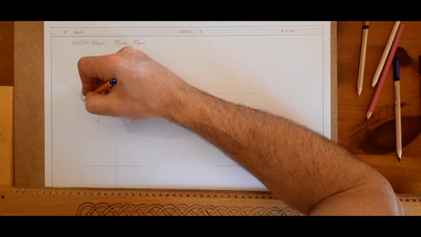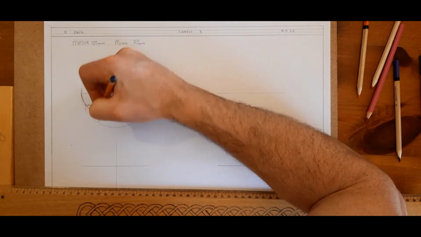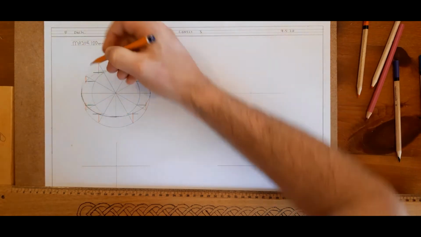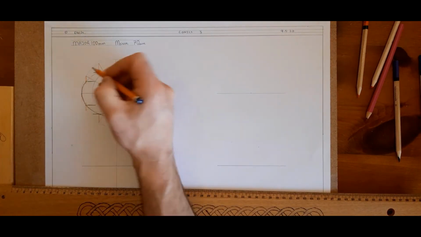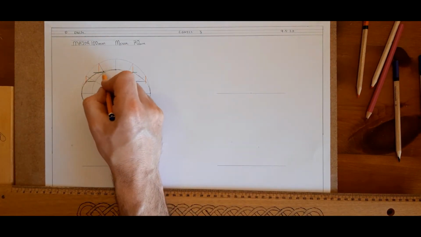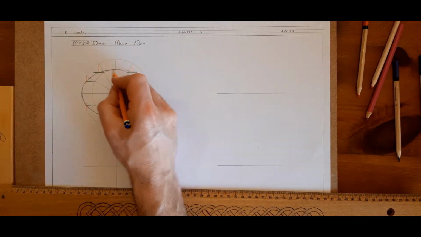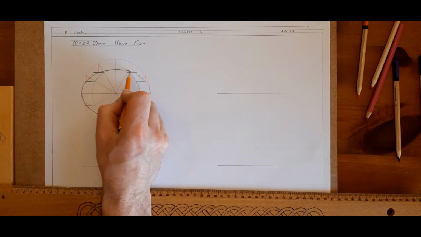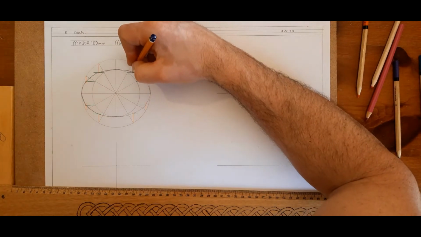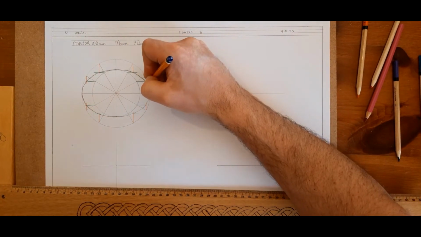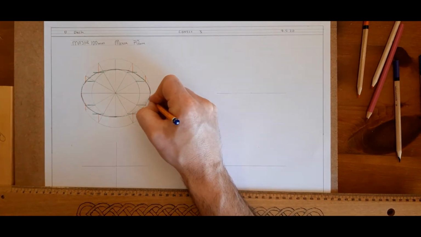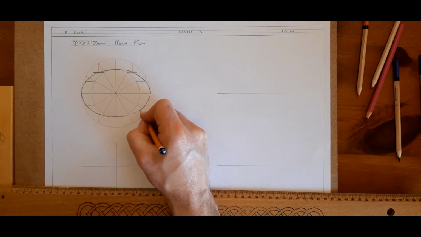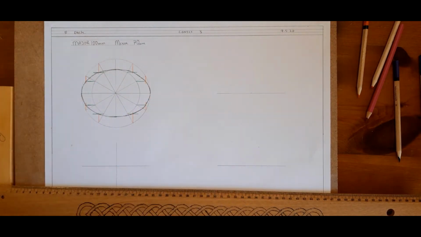Now, when we move it down, we'll go a bit heavier. So there we have our ellipse drawn, okay?